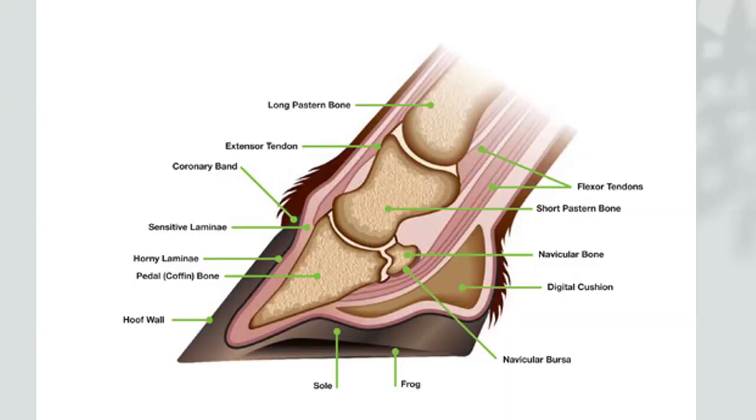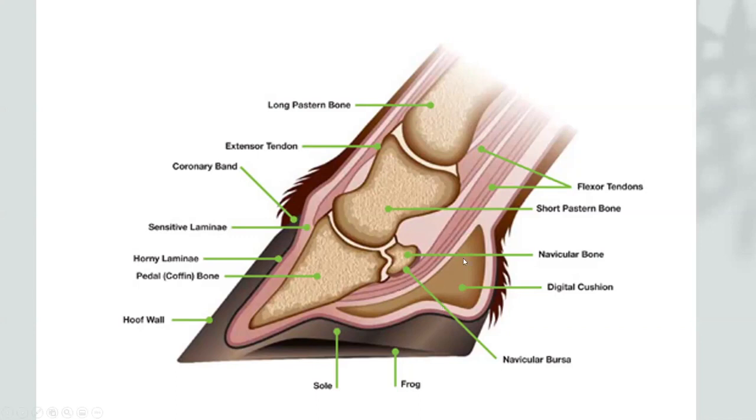We're a long ways from the heart, and we've got this very heavy hoof wall that's kind of restricting where things can go. So that frog is supposed to be soft and flexible so that it can help reflex pump that blood back up the leg.